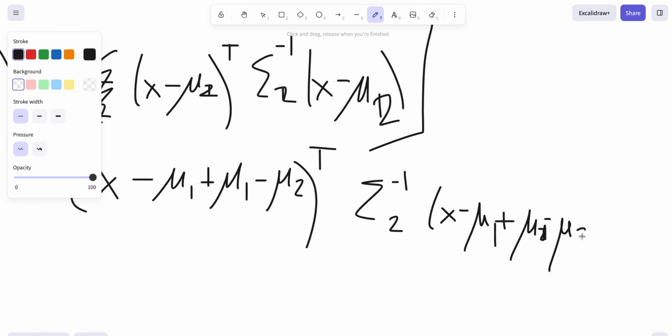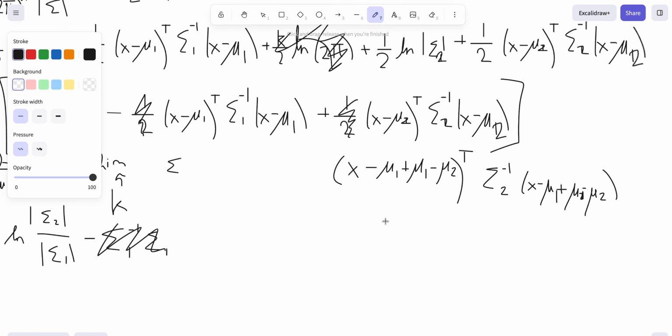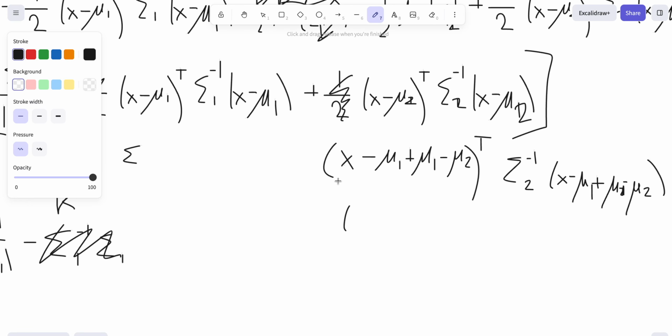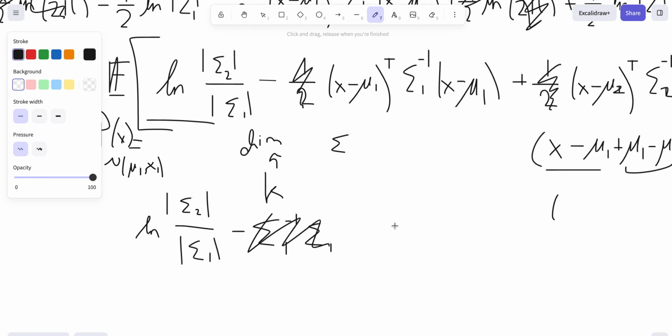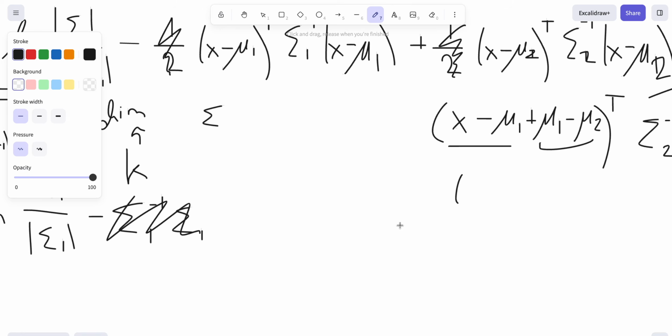So we need to do a transformation where we rewrite this like this, adding and subtracting mu 1 and mu 2. We haven't changed the value of anything here, but this allows us to gather the terms and take the terms out from here. And this gives us two expressions.